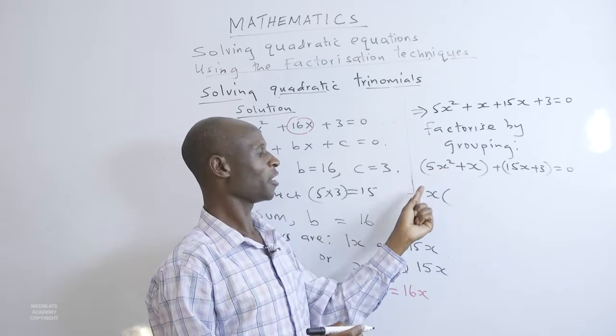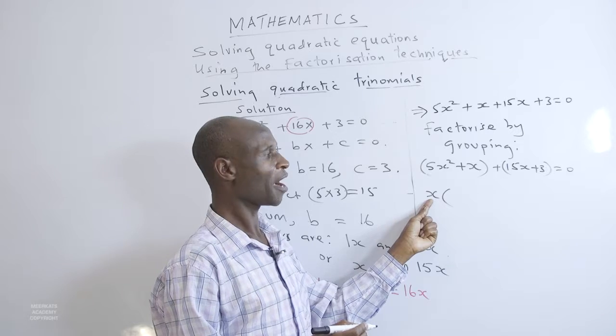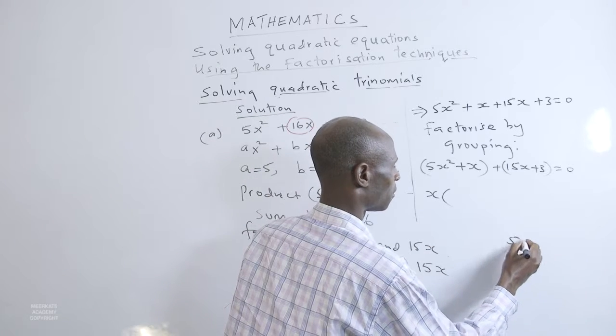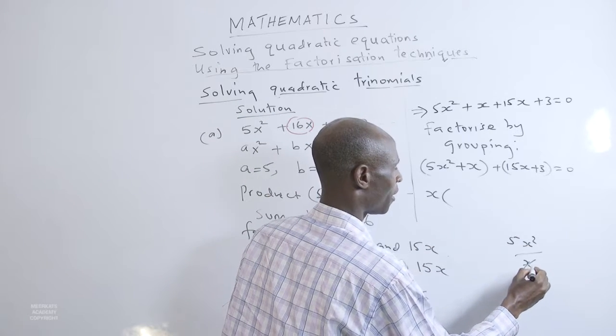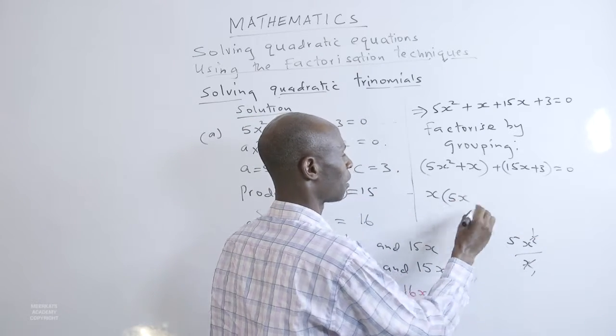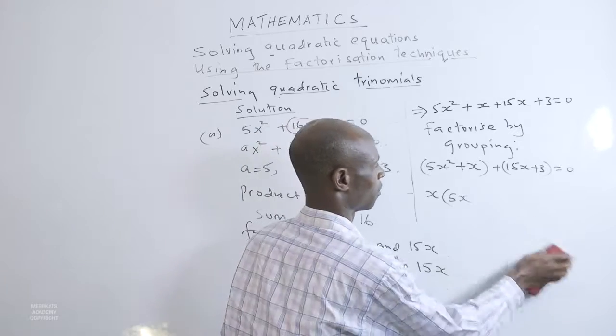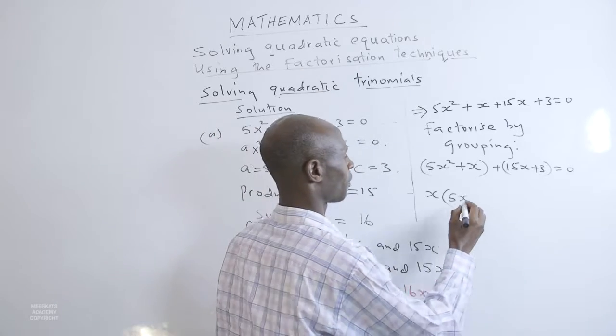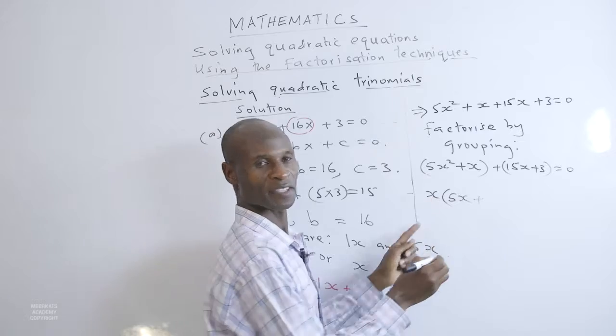Then 5x squared divided by x, x cancels, we remain with 5x. x divided by x is 1.